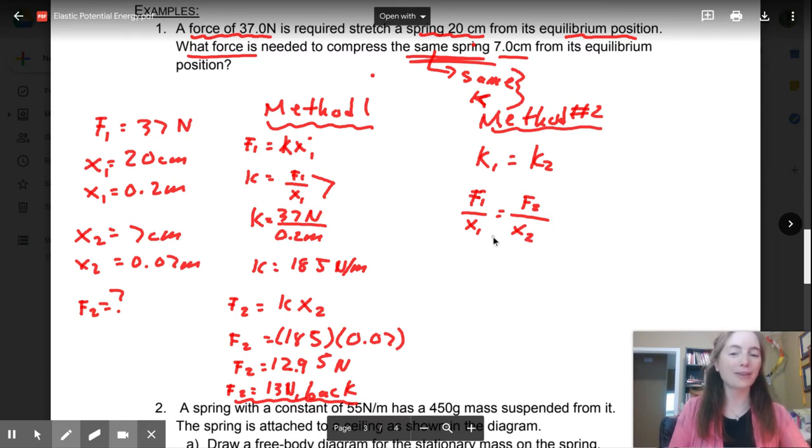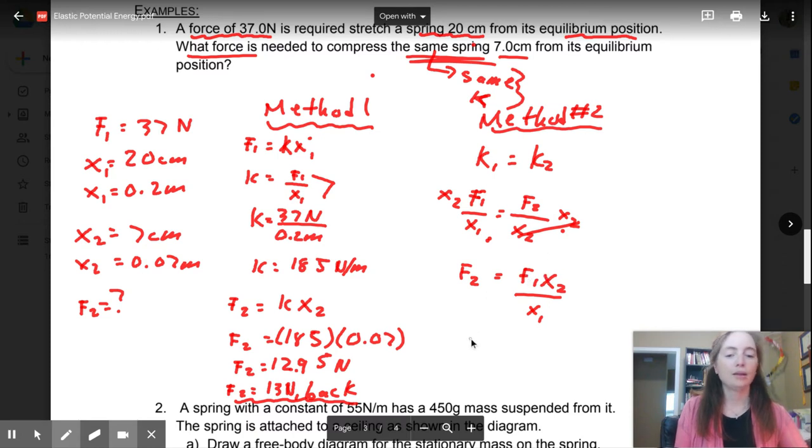Now I don't even have to calculate k. I don't need the actual number of k if I go through this method. I am now going to rearrange this equation to isolate for F2 by multiplying by x2. And I'm going to wind up with a new equation of F2 equaling F1 x2 divided by x1.